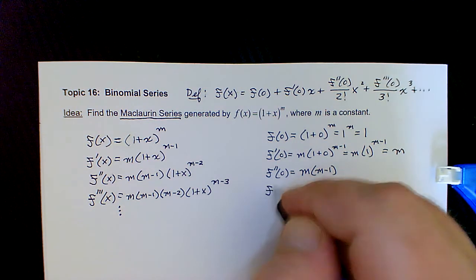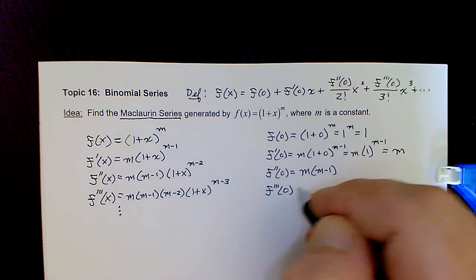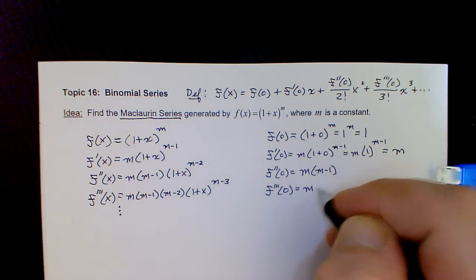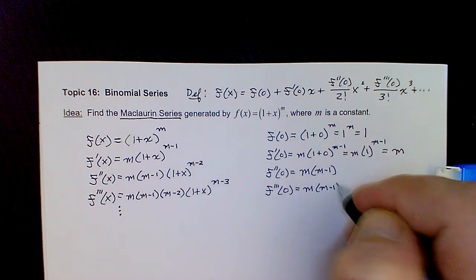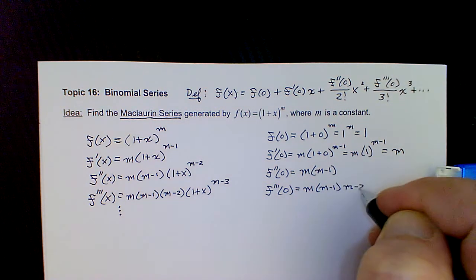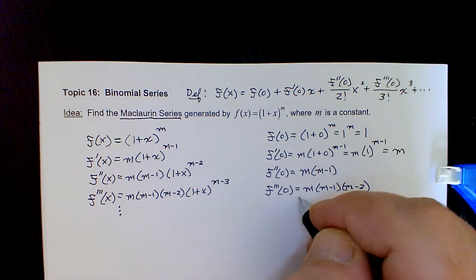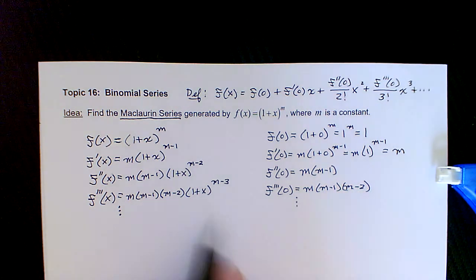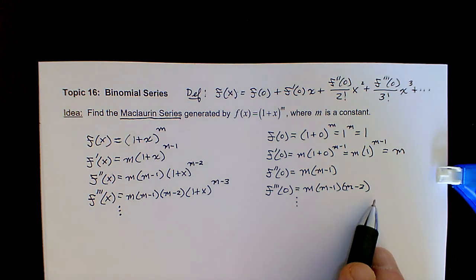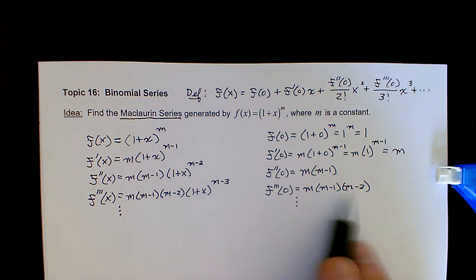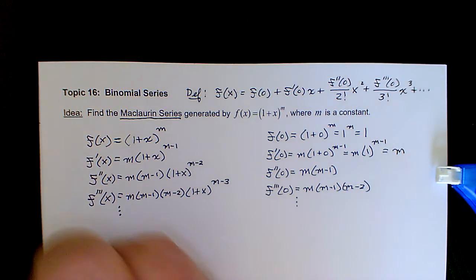Similarly with f triple prime of 0, we're just going to get the coefficient m minus 1, m minus 2. And you've got enough to establish a pattern. You can see what the next term is, right? It's going to be m, m minus 1, m minus 2, m minus 3 for the fourth derivative.